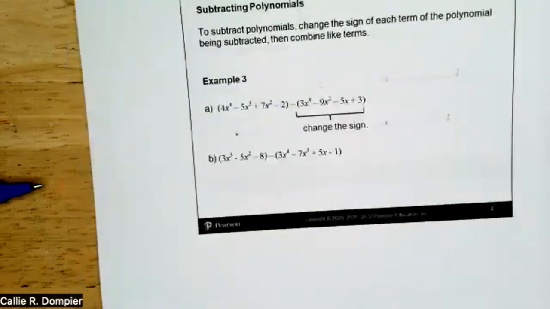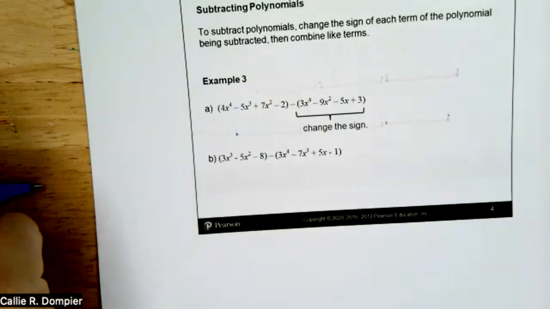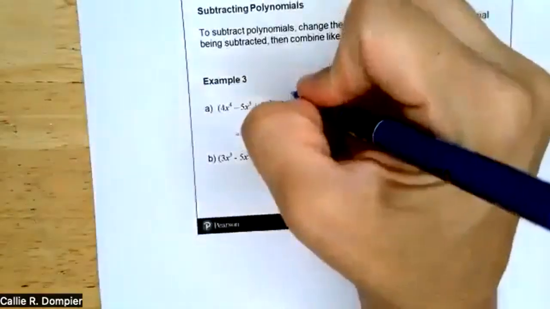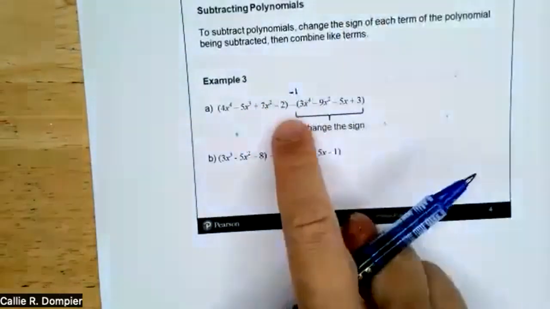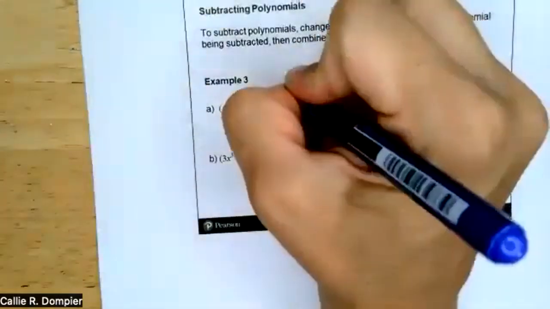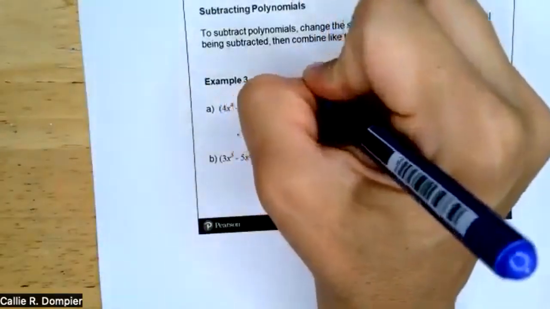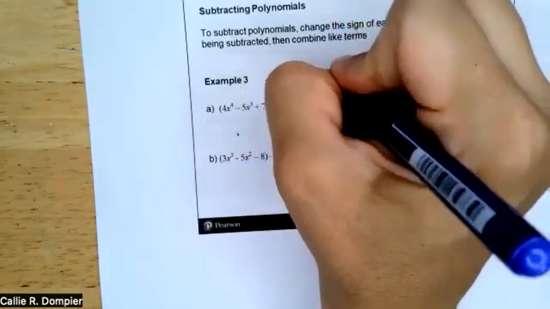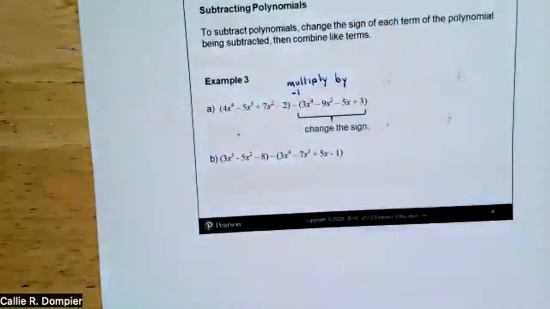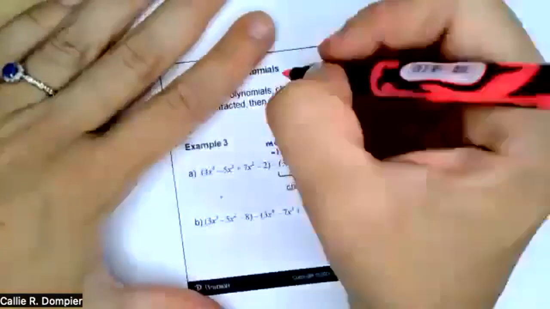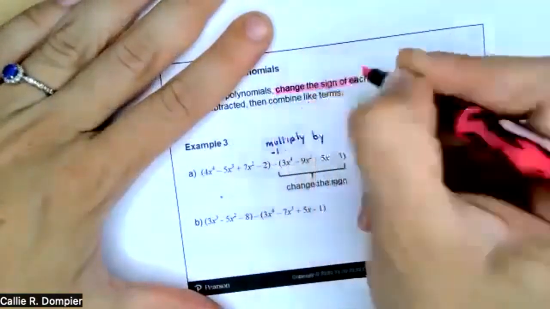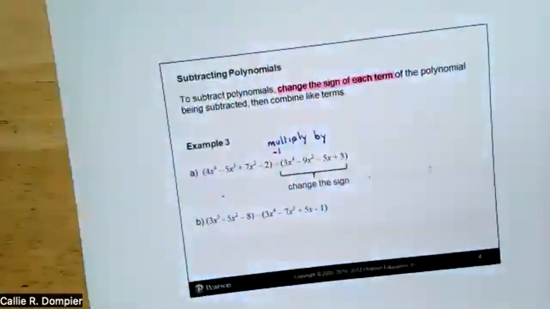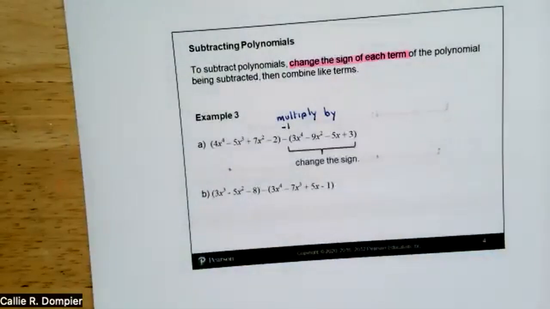Now subtracting. So the first thing you want to do when you're subtracting is imagine that this is a negative 1. Okay, so you're taking that entire second polynomial and you're multiplying by a negative 1. Or you can also look at it as changing the sign of each term of the second polynomial.